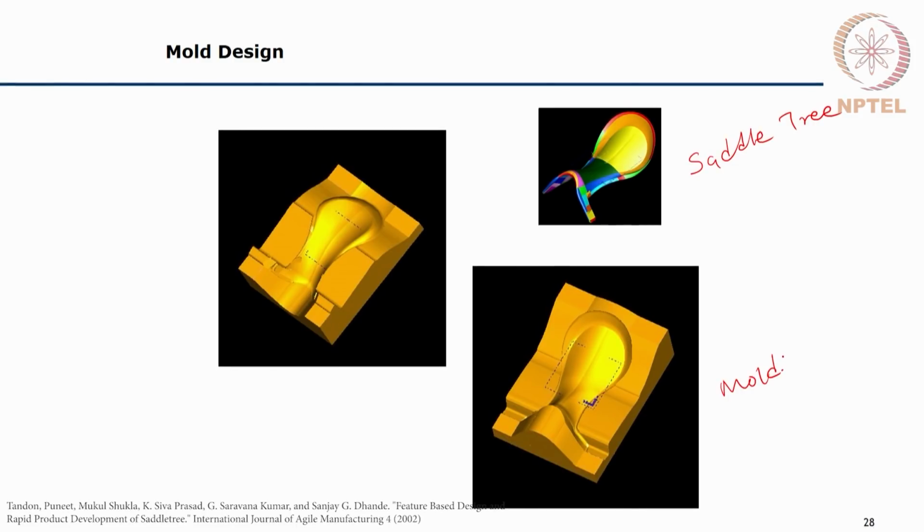The two halves of the mold are shown. This is the parting surface that you see, and this is the cavity. So, there is software available to help do this mold design once we have the part design. From part design we get this mold design.